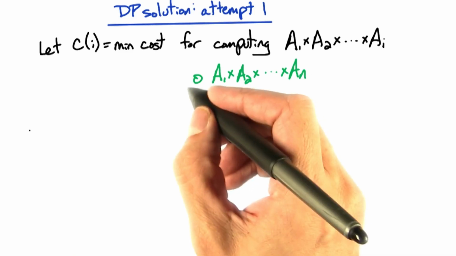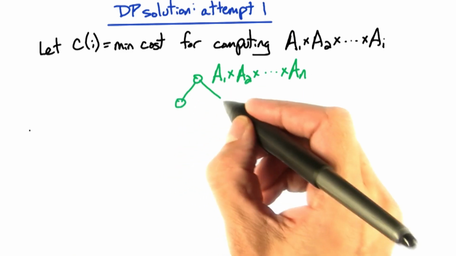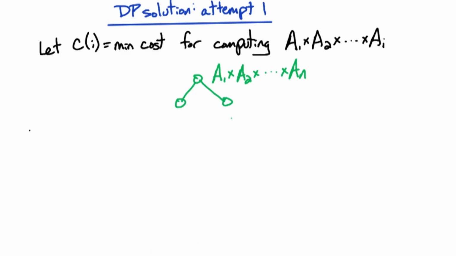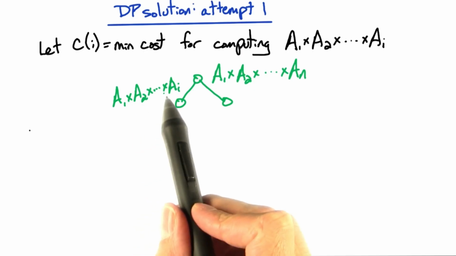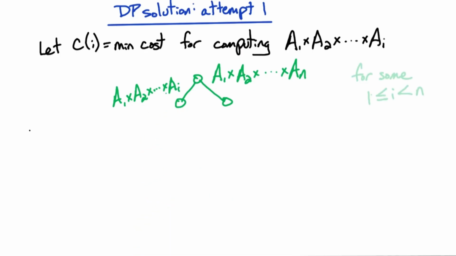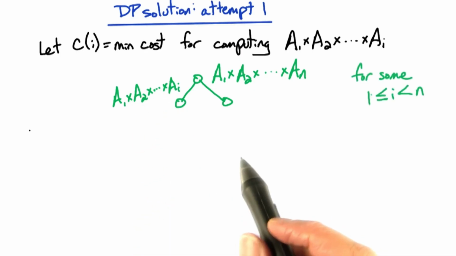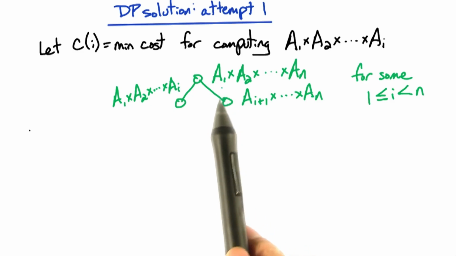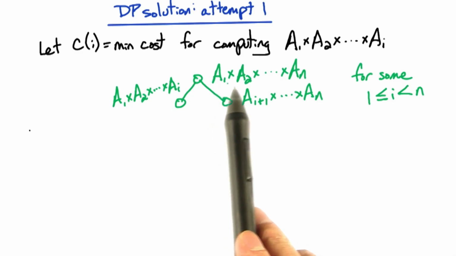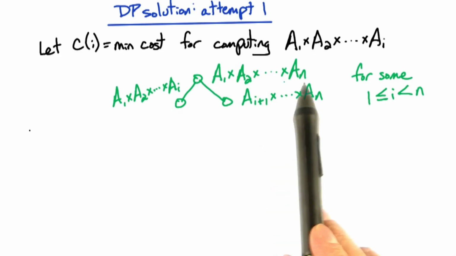In our graphical view, we're going to have a left child and right child. The left child is going to correspond to some prefix. It's going to be the product of A1 times A2 up to Ai for some i. The right child is going to correspond to the product of A_{i+1} up to An. Now, let's look at a recurrence, which is going to tell us the minimum cost for computing A1 times A2 up through An.